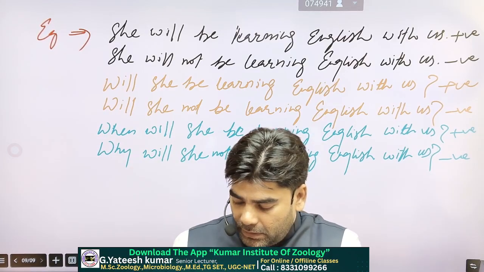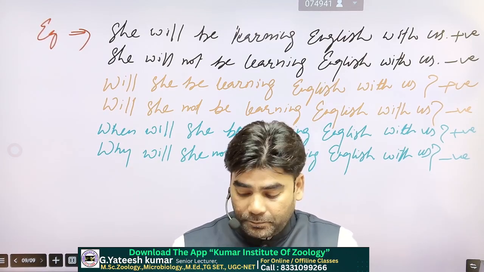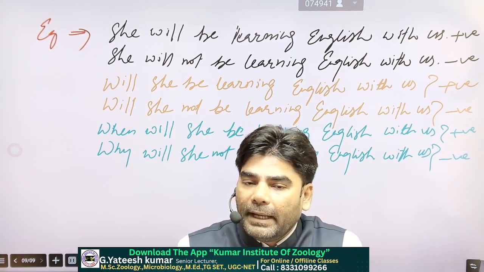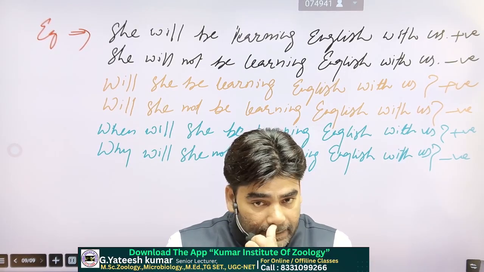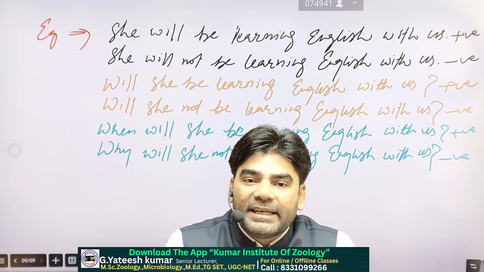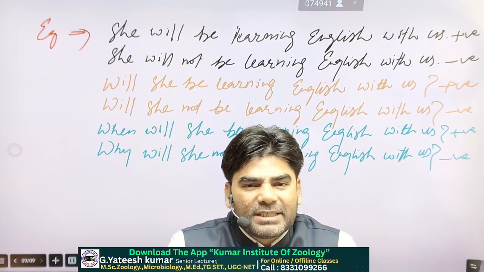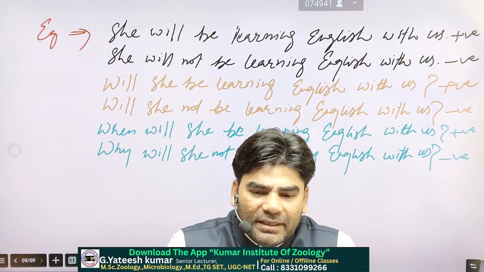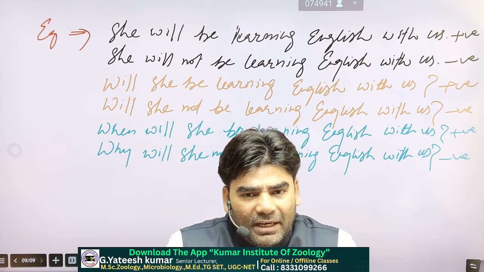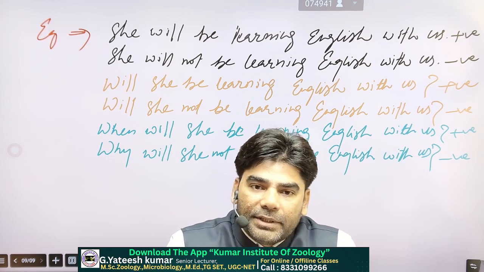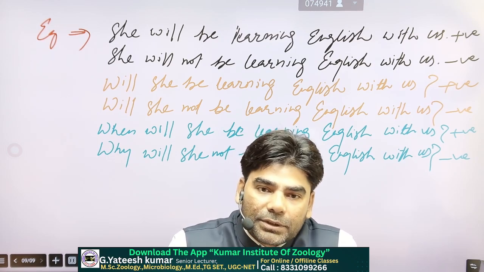So I hope the difference between simple and continuous is clear. Simple means something that is permanent by nature, that we are always doing. It is our routine, our habit, ordinary actions of life, daily activities, some universal fact and truth.